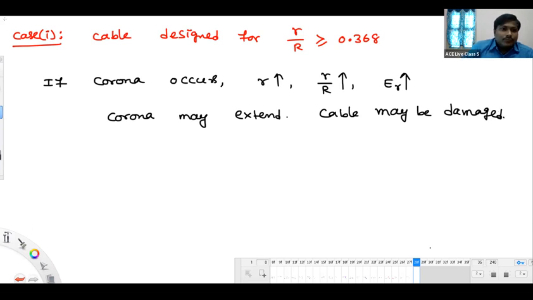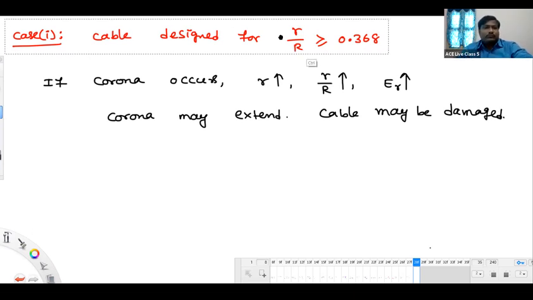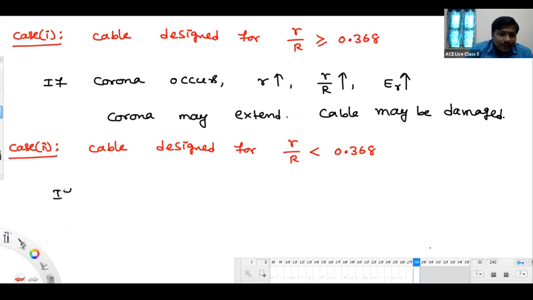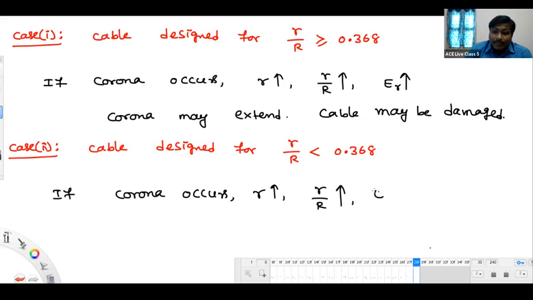Next case, case 2: cable designed for small r by capital R less than 0.368. If corona occurs, small r by capital R increases, but electric field intensity decreases.